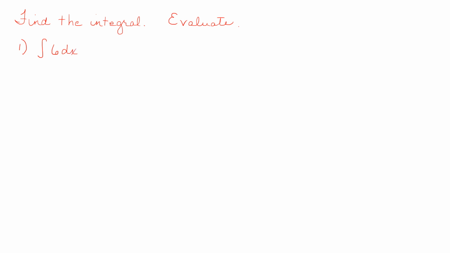This is the constant, and so it's going to become 6x plus c. Don't forget the plus c. That was my biggest downfall when I was taking calculus. I can still remember that being an issue for me to this day.